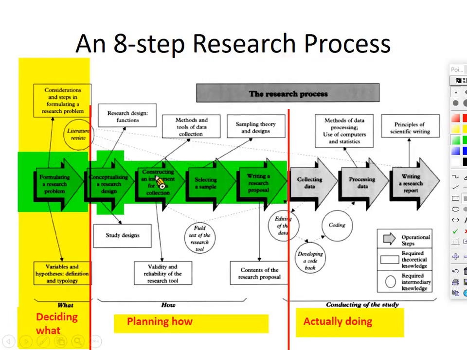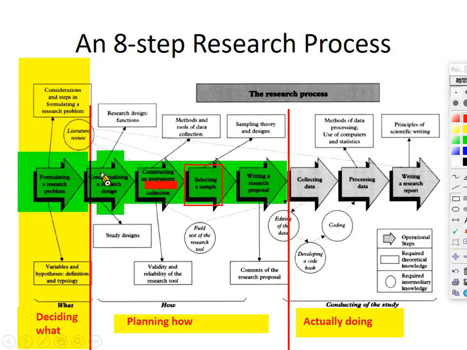The other one is the research instrument. Research instrument is for you to collect data. Then once you have a research instrument, the next step for you is selecting a sample. Okay, you need to select a sample.